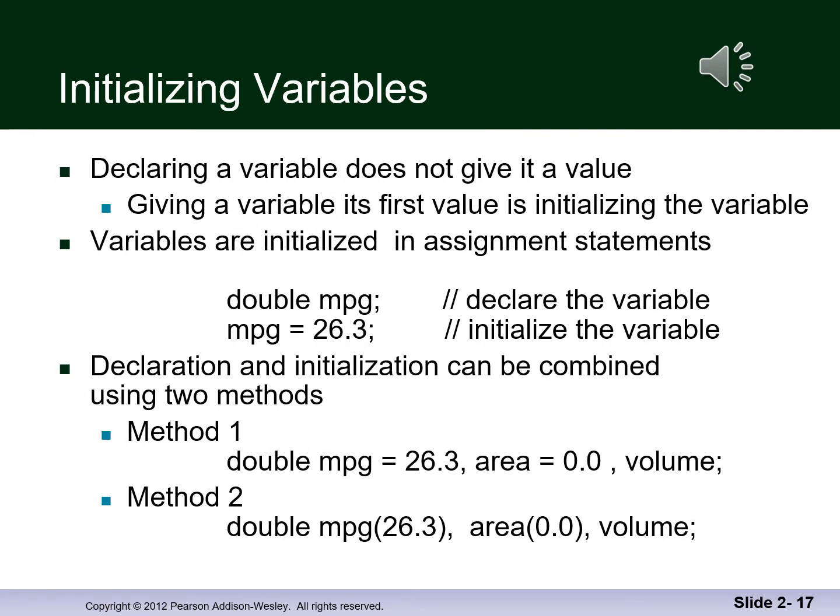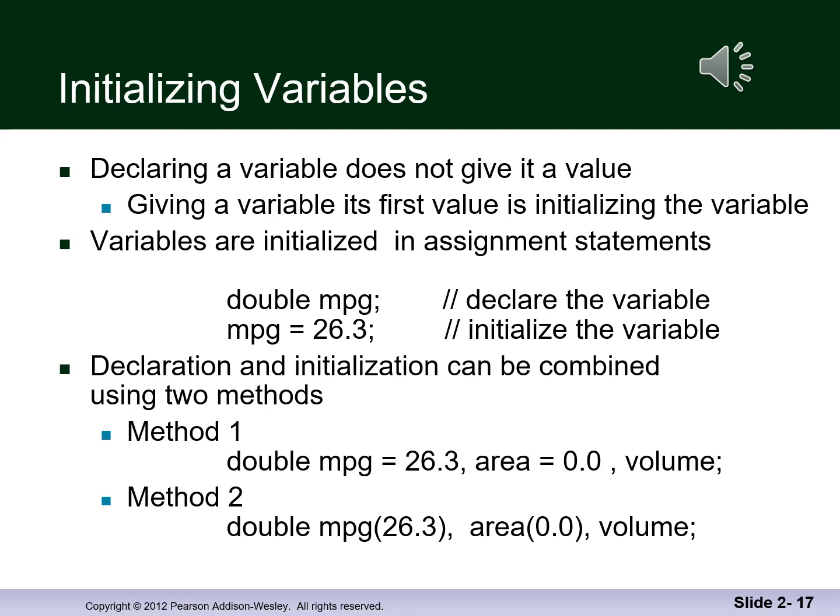When you declare a variable, you don't give it a value. Well, up until now, we haven't given a variable a value in the declaration statement. Giving a variable its first value is called initializing the variable. Variables are initialized in assignment statements.